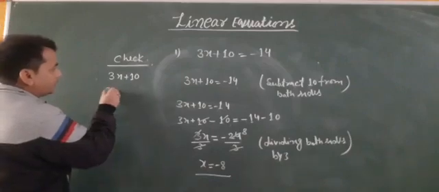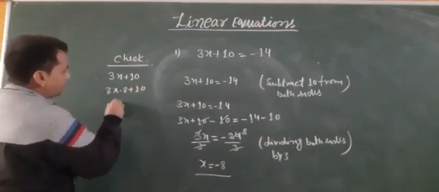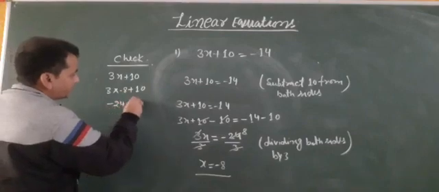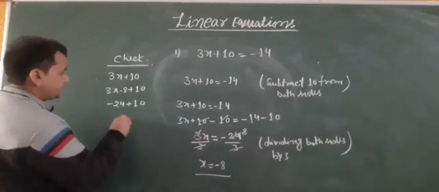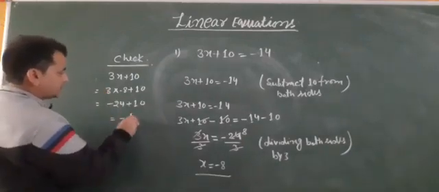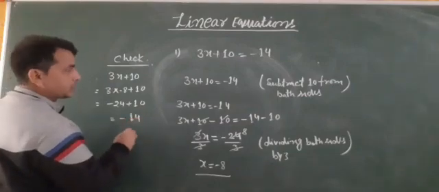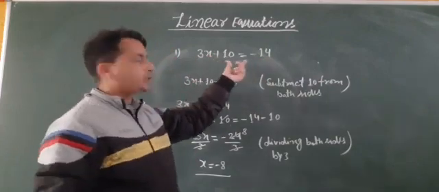Then 3 into minus 8 plus 10, that is minus 24 plus 10, that is minus 14.